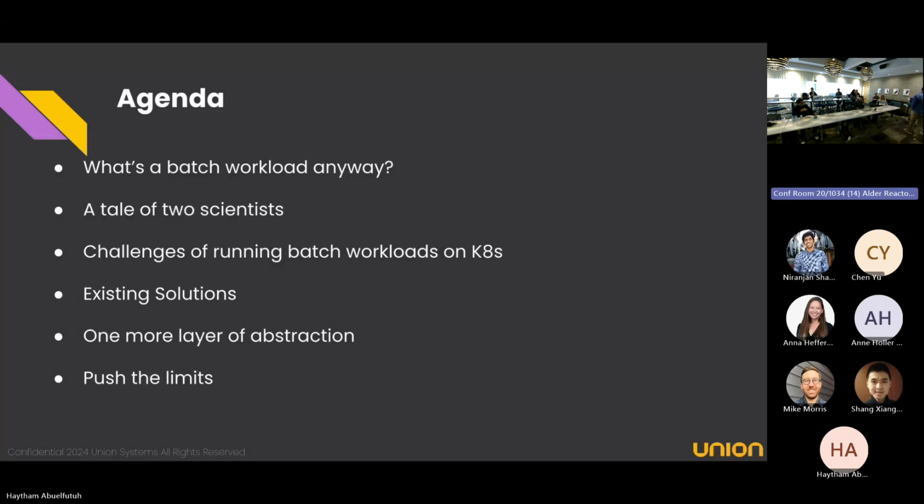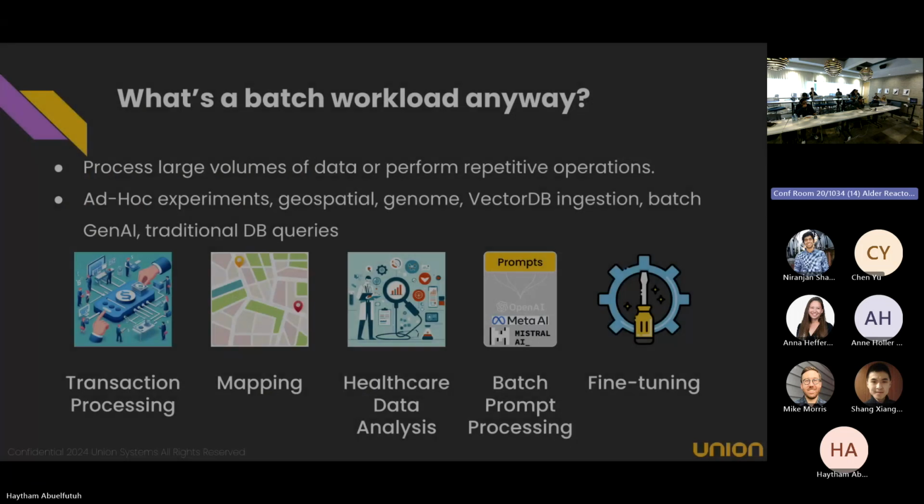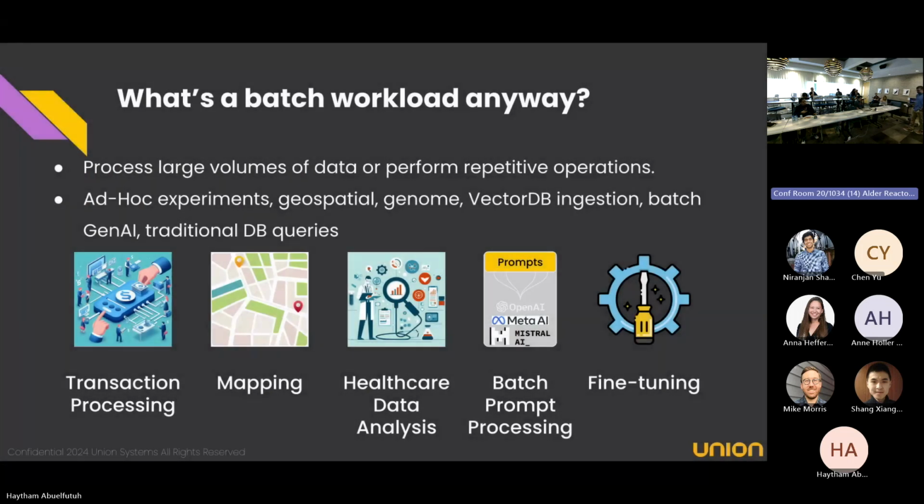Yeah, so they are really big processing jobs that try to process large amounts of data. They do map reduce. They're pretty much used everywhere. You may be running batch workloads without really thinking of them as batch workloads.